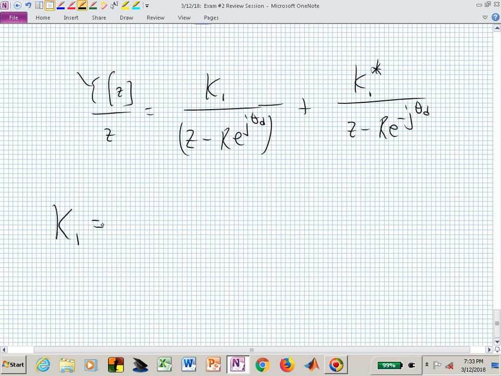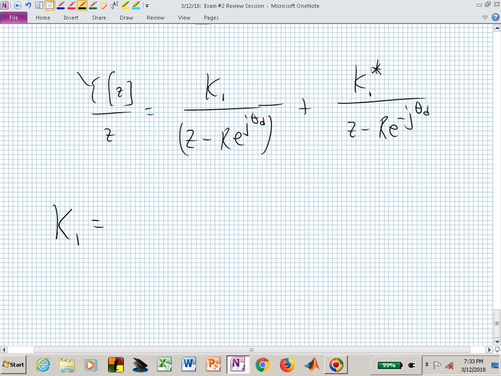Well, it's very important that K1 is associated with the pole at R e to the J theta. It's in the upper half of the Z plane. So now if I use the cover-up method to solve for K1, I would multiply all terms by that factor underneath K1 and evaluate at the value of Z where that factor vanishes.